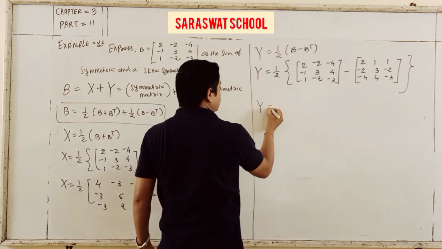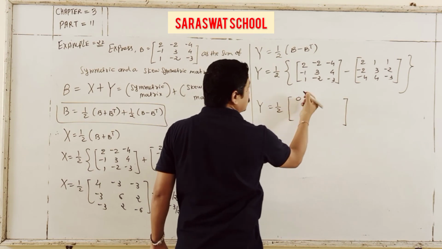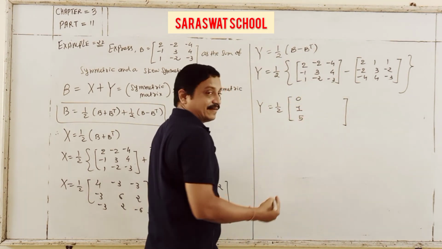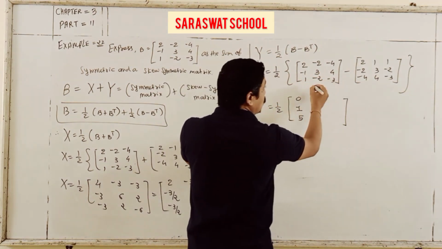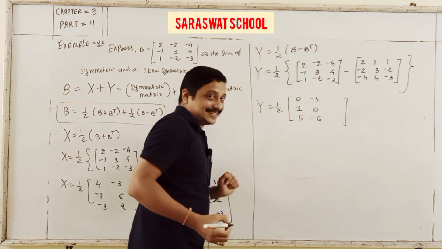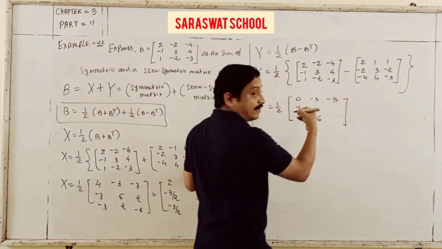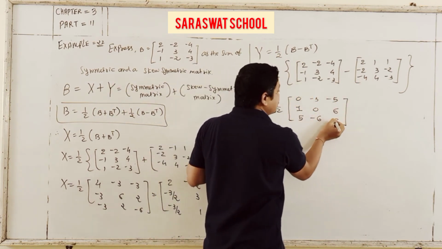Now start both subtractions. 2 minus 2 is 0, minus 1 plus 2 is 1, 1 plus 4 is 5. Next minus 2 minus 1 is minus 3, 3 minus 3 is 0, minus 2 minus 4 is minus 6, and the last element minus 4 minus 1 will be minus 5. Next 4 plus 2 is 6 and minus 3 plus 3 is 0.